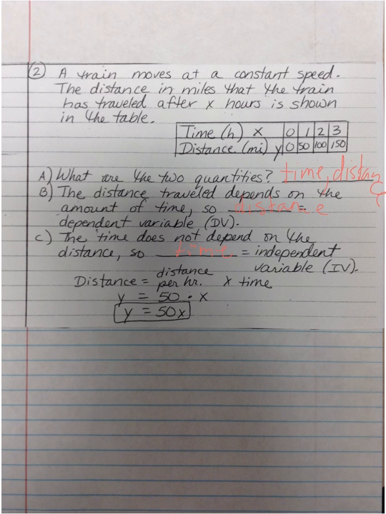So the distance, which is what we're looking for, equals the distance per hour times the time. So distance is y and equals the distance per hour, which is 50 miles per hour, times the number of hours, or the time, which gives you 50 times x. So y equals 50x is the equation.